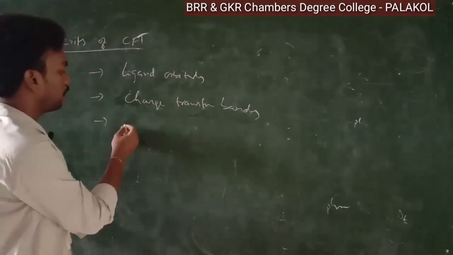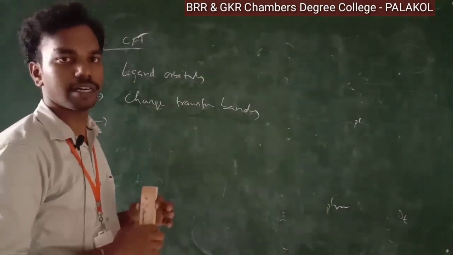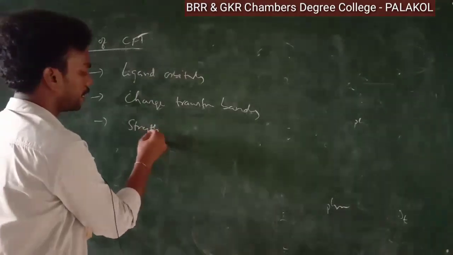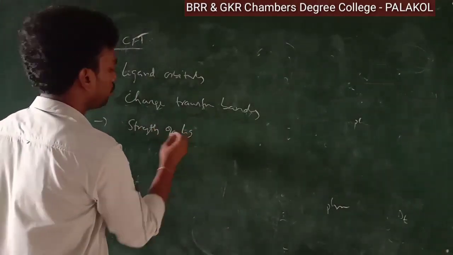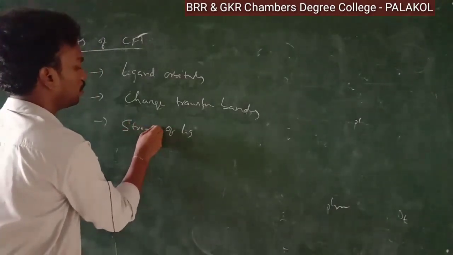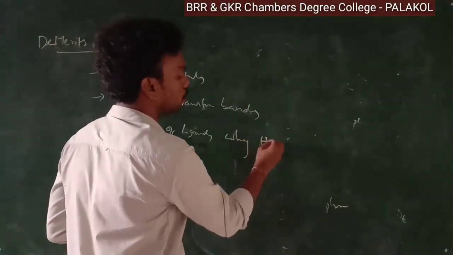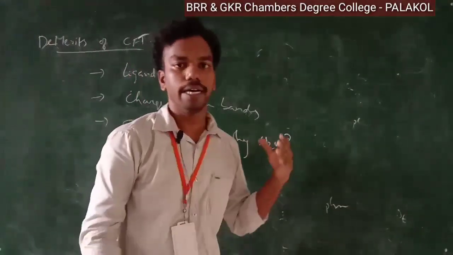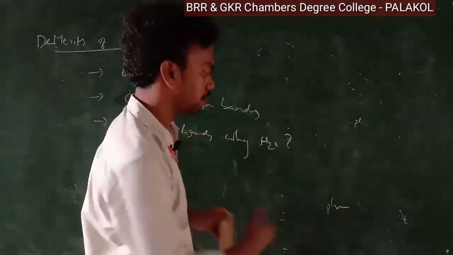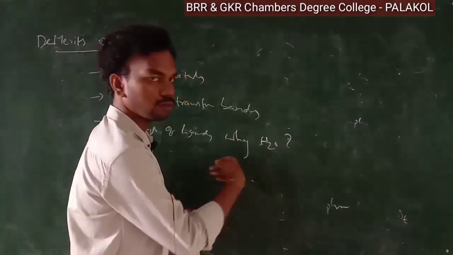Next, it doesn't explain the strength of ligands satisfactorily. Why does H2O appear at the starting of the spectrochemical series, while OH minus comes at the end?